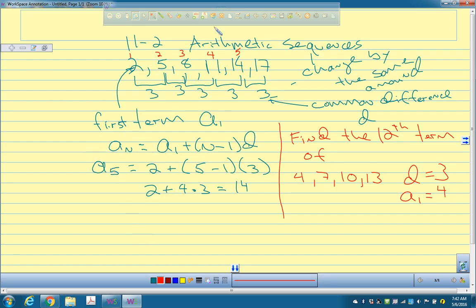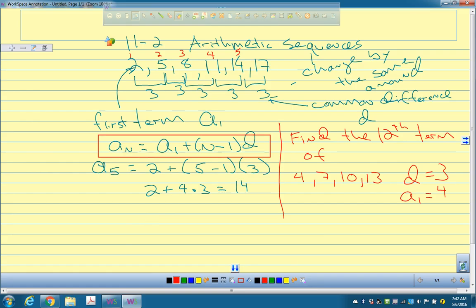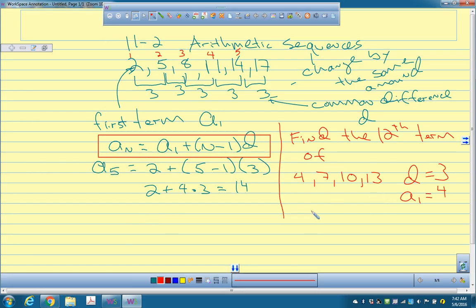This is a formula you really got to know right here. Let's put a box around it. Let's make a red box. There's a formula you got to know. So you have the formula A sub n is equal to A sub 1, in this case 4, plus 12 minus 1 times what?